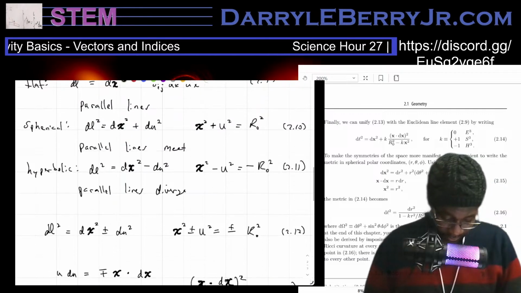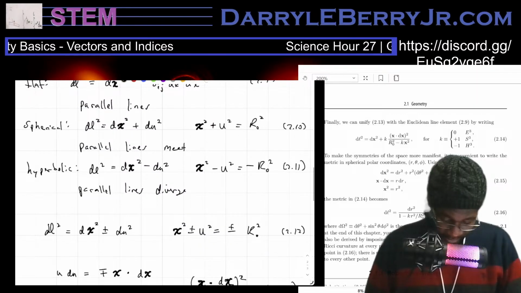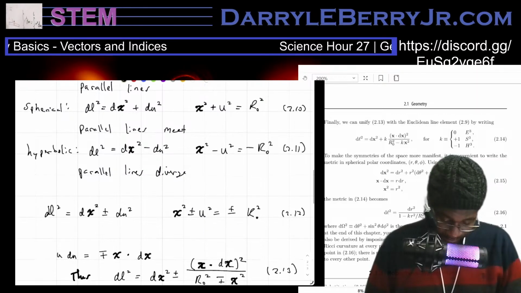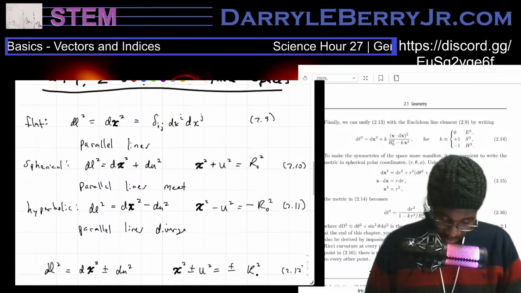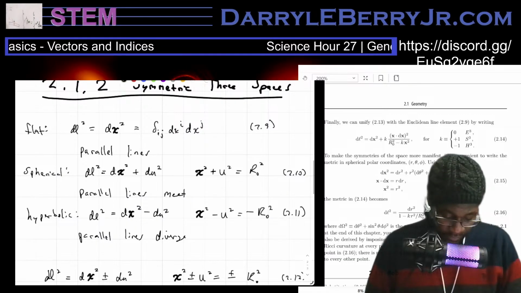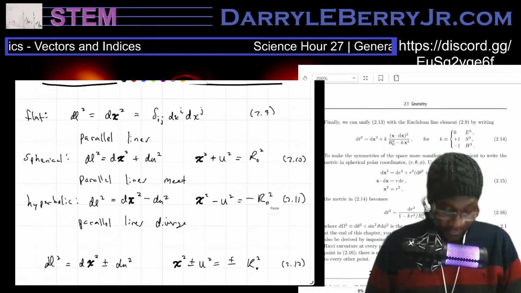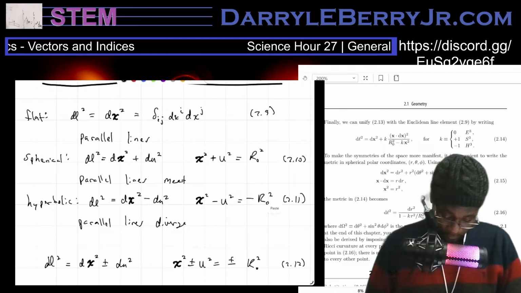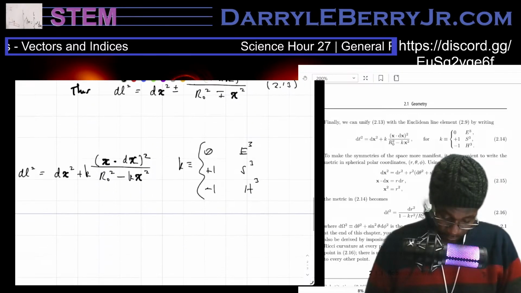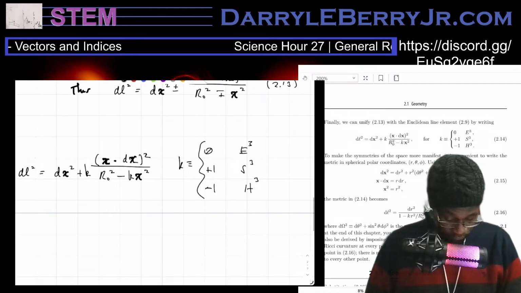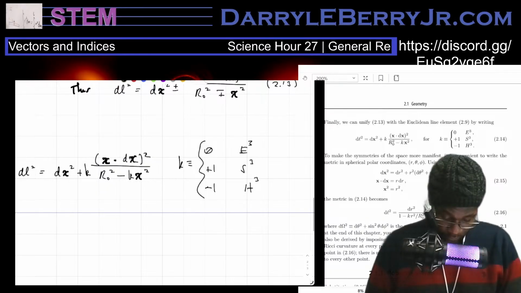So we can see how they combine the three of these. There's a negative for hyperbolic, a plus for spherical, and there is no du for flat. It's a convenient way to do it.